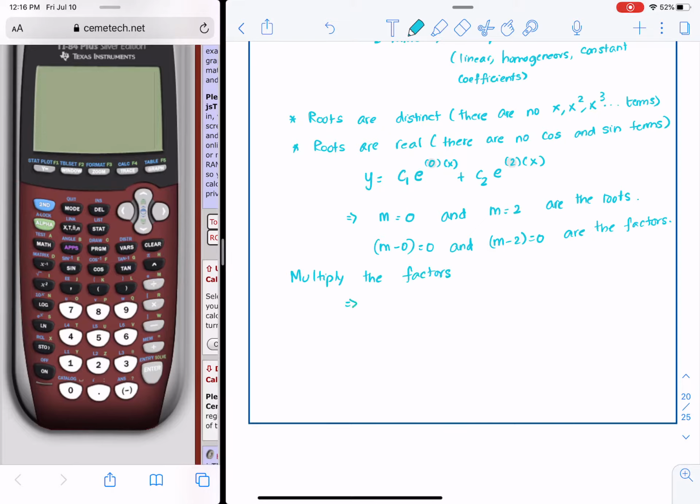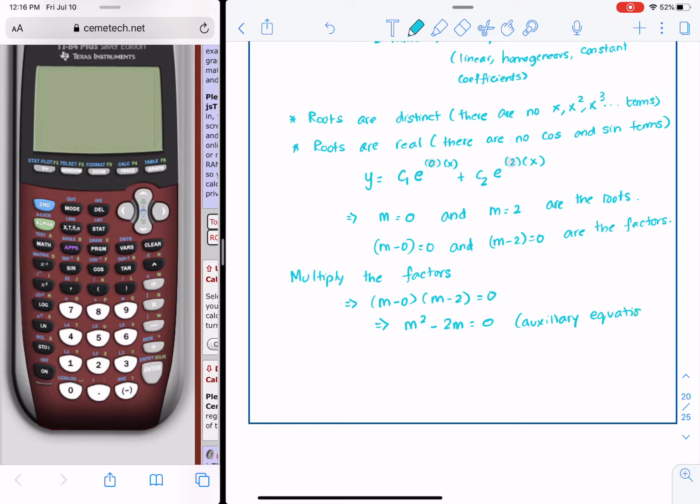So we would have m minus 0 times m minus 2 equals 0, which would imply m squared minus 2m equals 0. Now that is the auxiliary equation.